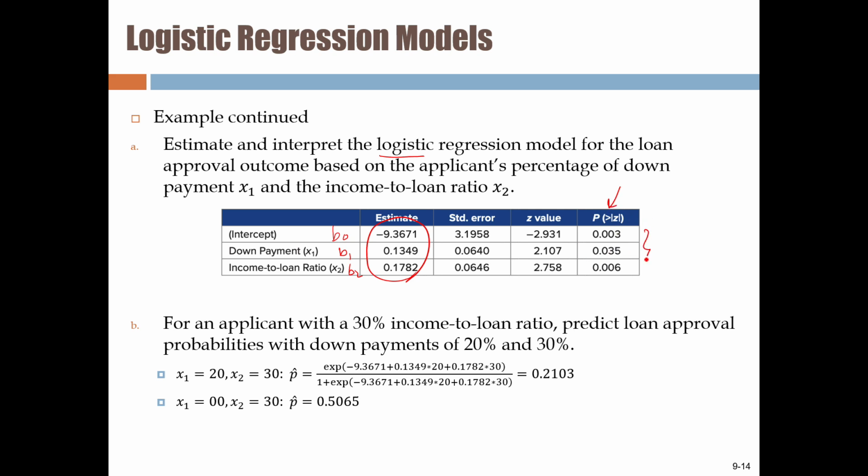All of them are less than 0.05, which is 5%, so we can say all of them are statistically significant. Then for 20% and 30%, you can plug in the numbers and find out the probability, and likewise for 30 and 30.